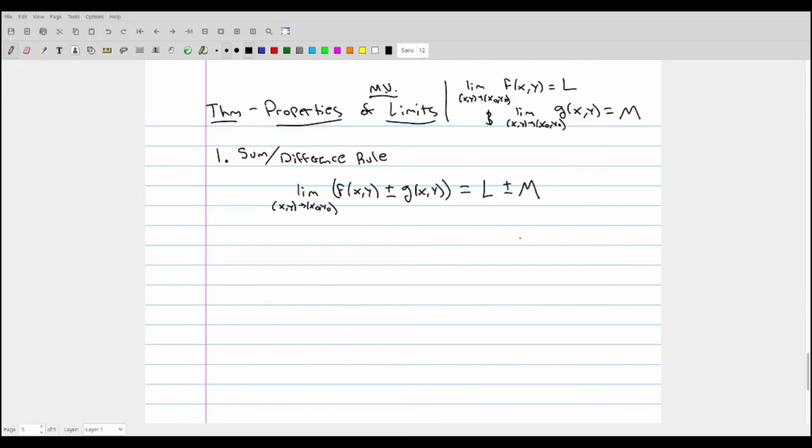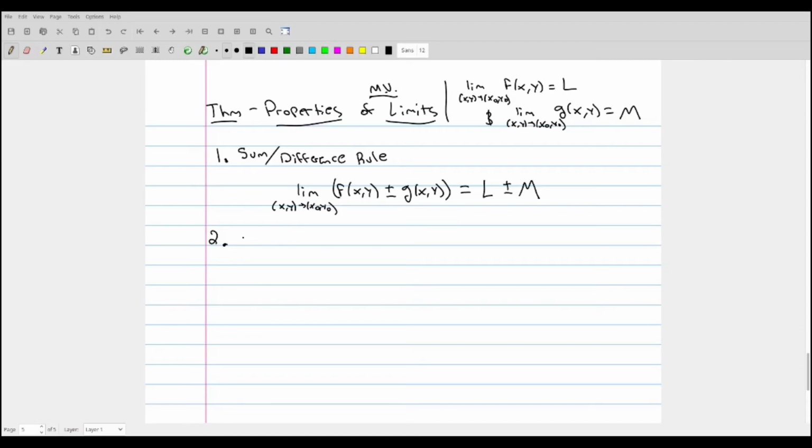So this is a big rule in terms of computation, and all of these rules, by the way, can be proved using the definition that we gave before. I won't be going over the proof in this lecture video, but the idea is that we're going to be using these for helping us simplify limit computations when it's possible to do so.